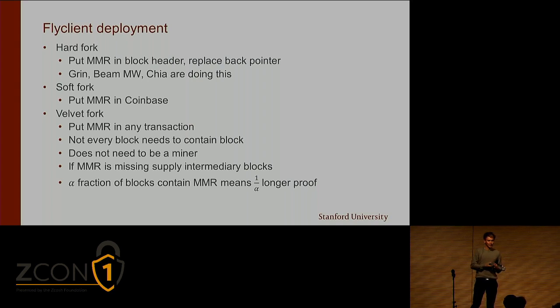And if every third block contains this MMR, then the proof size will increase by a factor of 3. So ideally, it would be in every block, but it's okay if it's not in every block. The more miners agree to do this, or the more blocks have this transaction, the more efficient the protocol. So that's a really nice property because it is an uncontroversial fork.